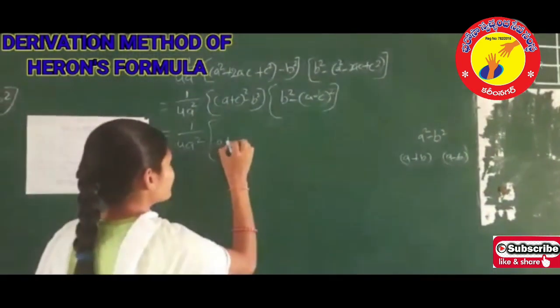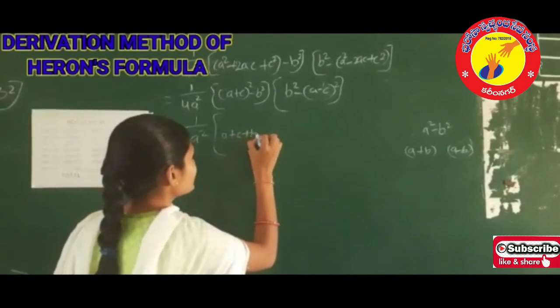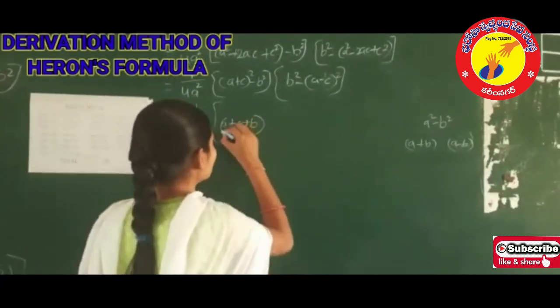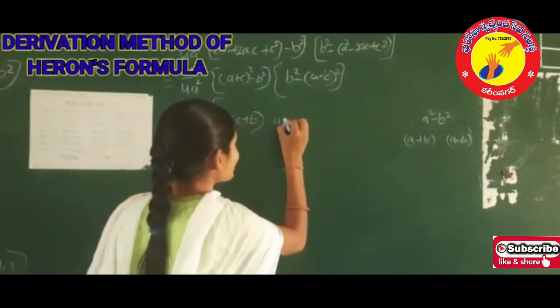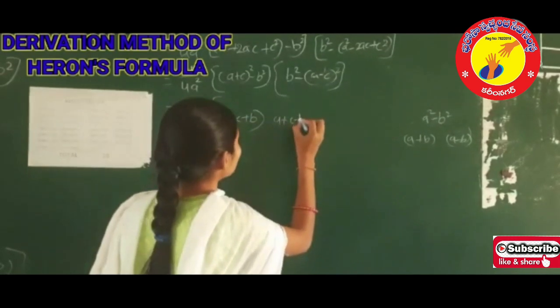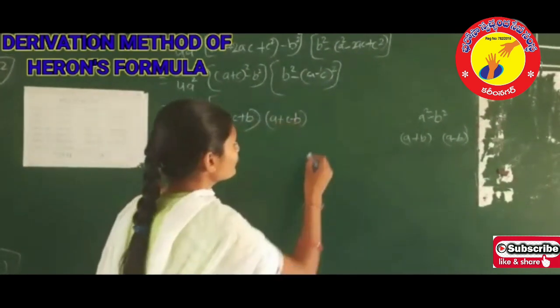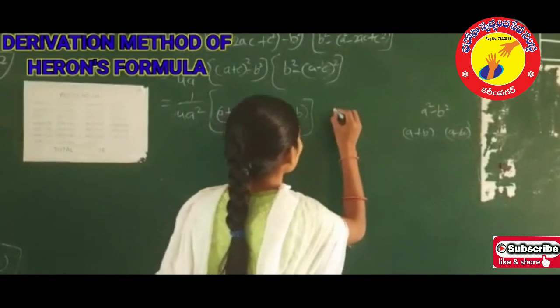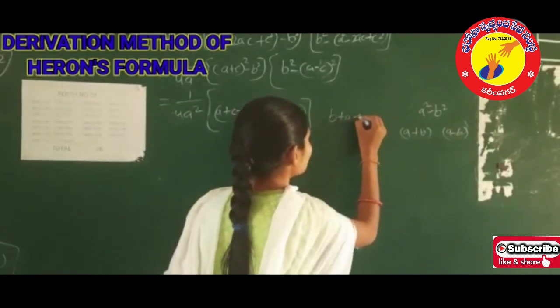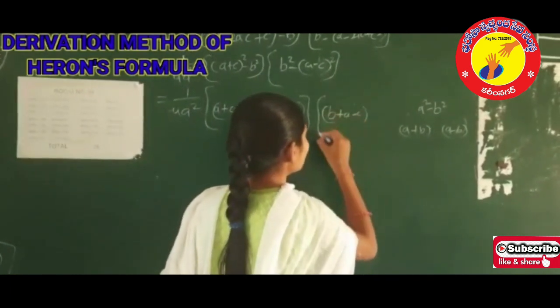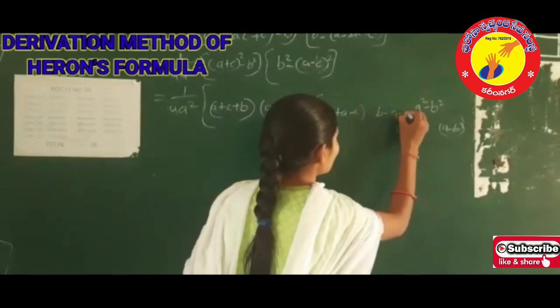So (a plus c plus b), and (a plus c minus b), here (b plus a minus c), (b minus a plus c).